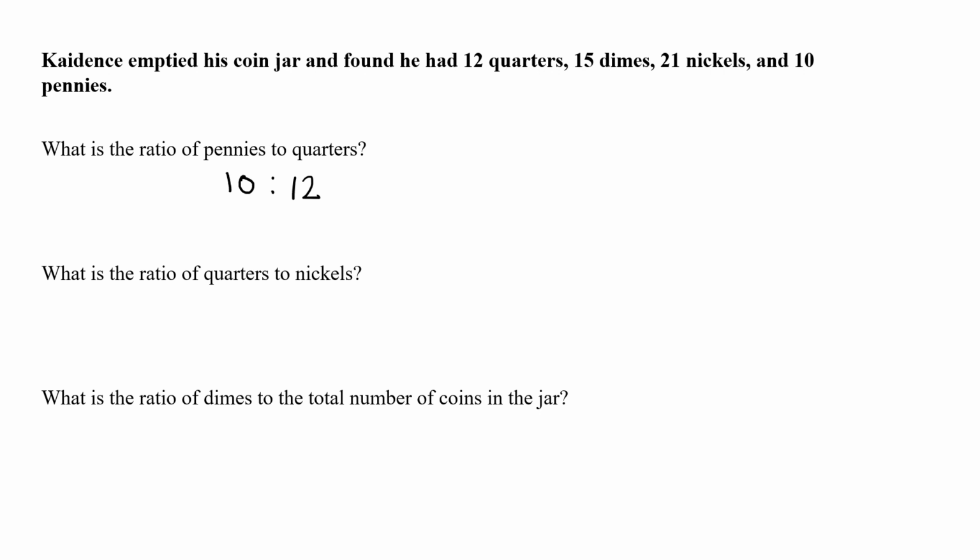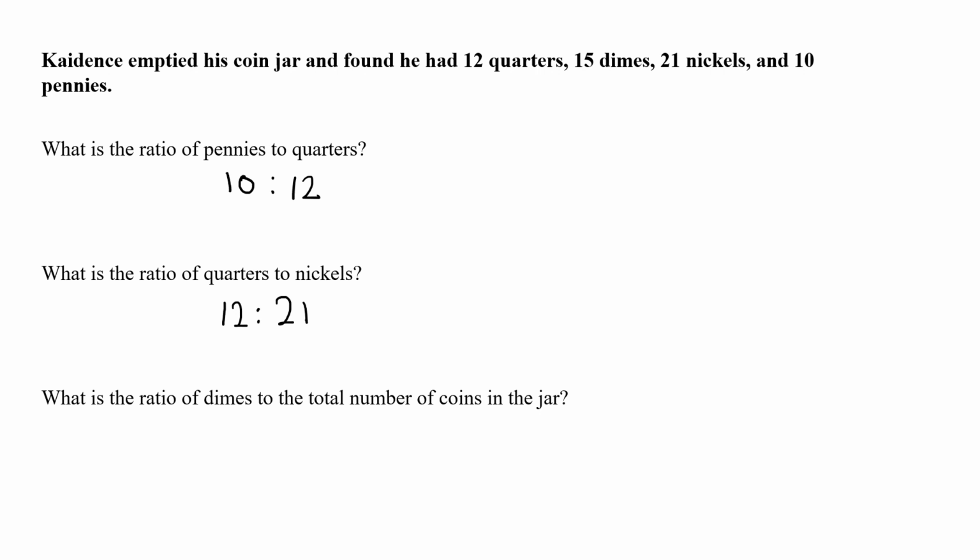So for every 10 pennies in the jar, there are 12 quarters. Second one, what is the ratio of quarters to nickels? There are 12 quarters, so it goes first. There are 21 nickels, so it goes second. So 12 to 21 is my ratio.